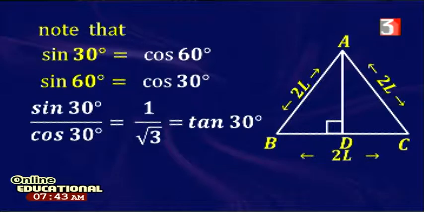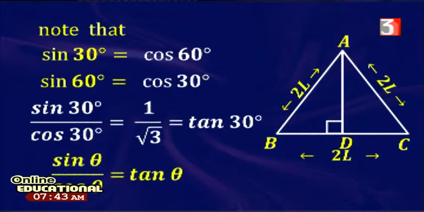This will lead us to a very important note, which says that sine theta over cosine theta equals tan theta. So sine an angle over cosine the same angle equals tan the same angle. This is a very important note. Take good care of it.